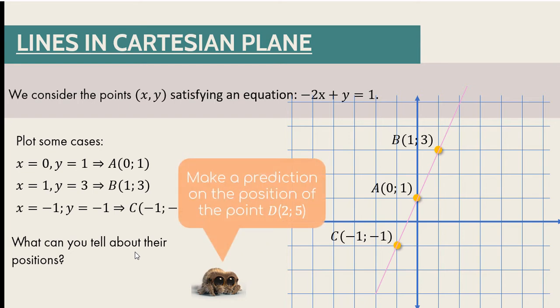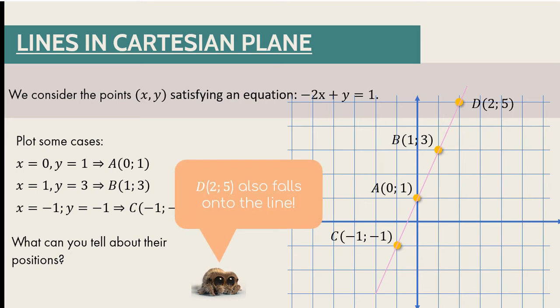Now, can you make a prediction on the position of the point D(2, 5), knowing that (2, 5) satisfies the equation -2x + y = 1? Can you guess? Yes, you can, right? D(2, 5) also falls onto the line because it satisfies the equation -2x + y = 1.